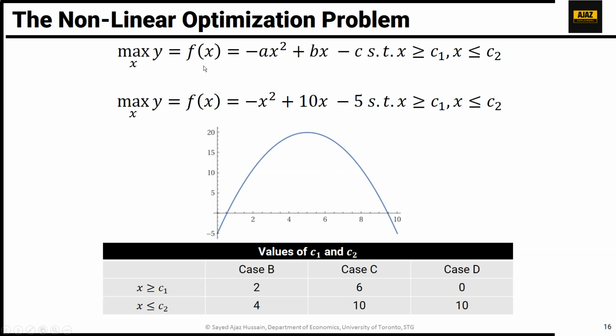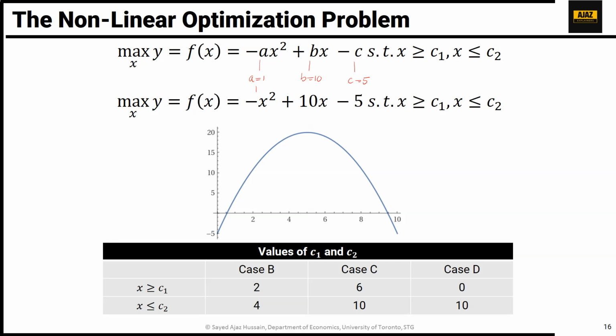So here's a problem that we had. We want to maximize this function. Over here, I've given the values. Remember that A, B, C have to be all positive. So A is equal to 1, B is equal to 10, and C is equal to 5.